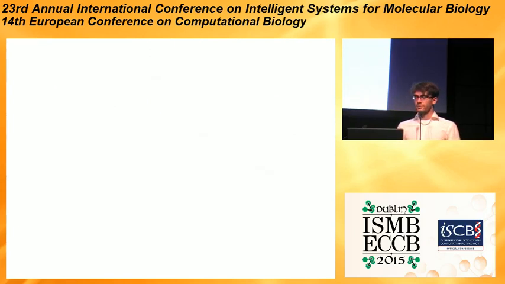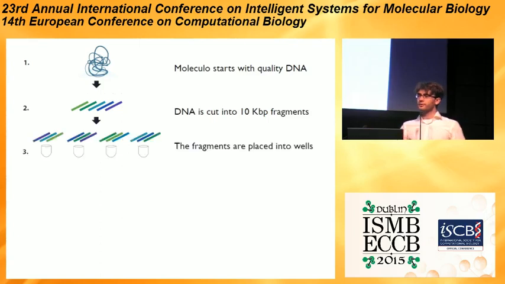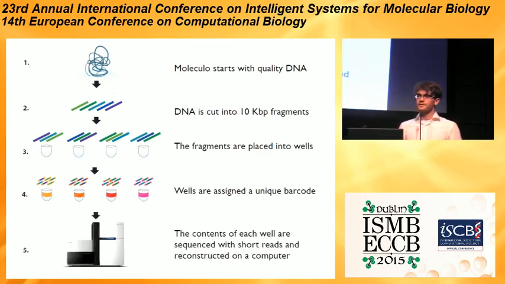So how does Moleculo work? The high-level idea is to take DNA and cut it into fragments that are 10 kb long, and then dilute and partition those fragments across a large number of wells. Then the wells are given a unique barcode, and the wells are pooled together and sequenced using a standard Illumina machine.